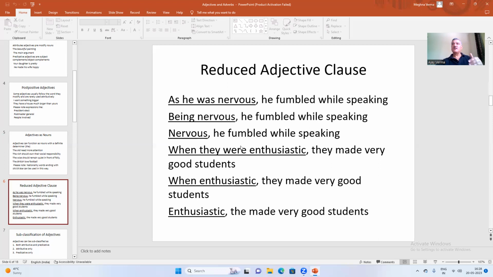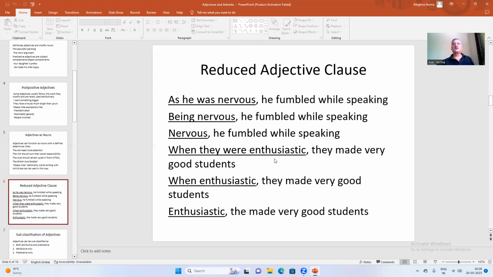So this is another common use of adjectives, where adjective clauses are reduced, and one word, one adjective stands for the entire clause. So he was nervous. It can be written as being nervous, and it can also be written as nervous. The same thing can be seen in the next three sentences.